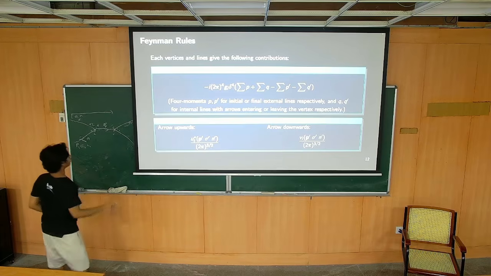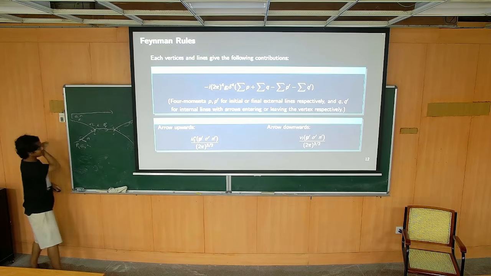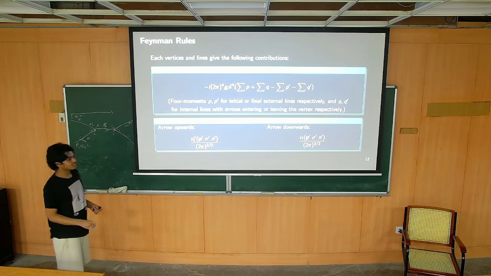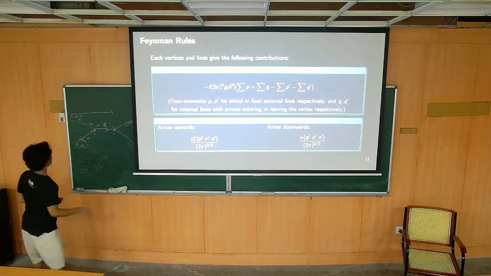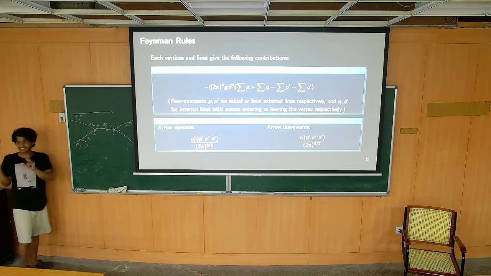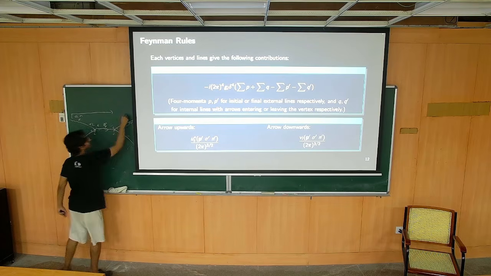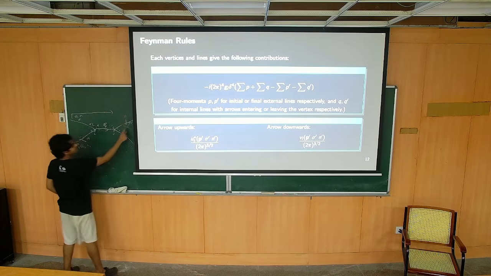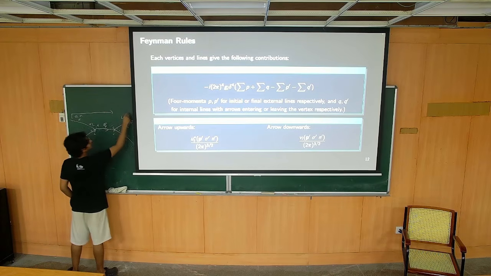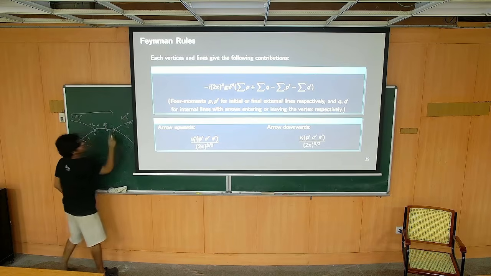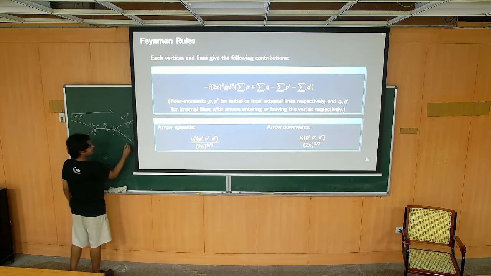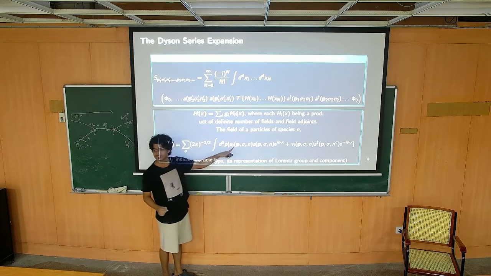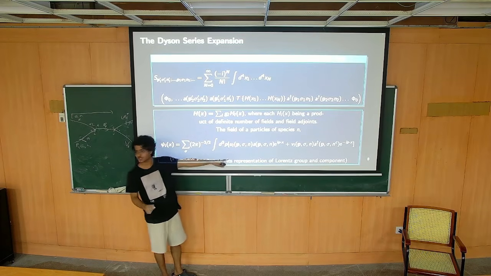Now, suppose an arrow is upwards, like in this direction, for a final state. For these, I add a term u_L star or some factor like v_L. Remember what u_L, v_L are? These coefficients are for the annihilation and creation operators.